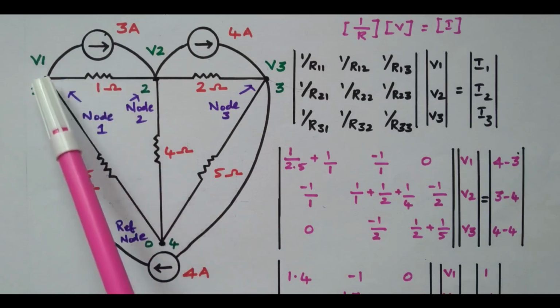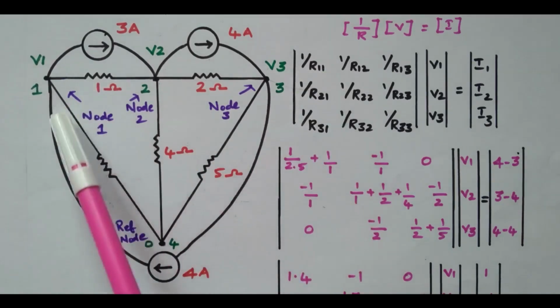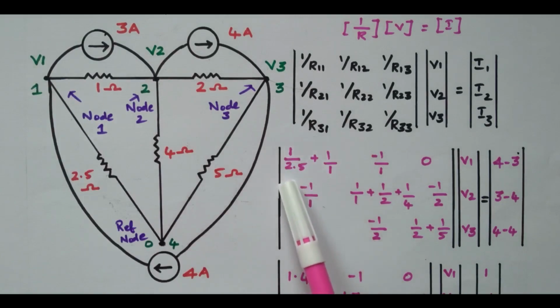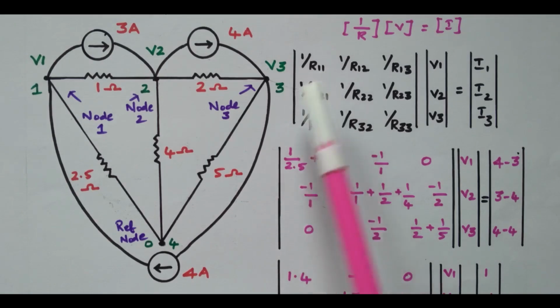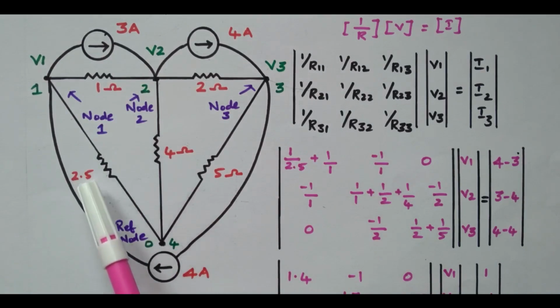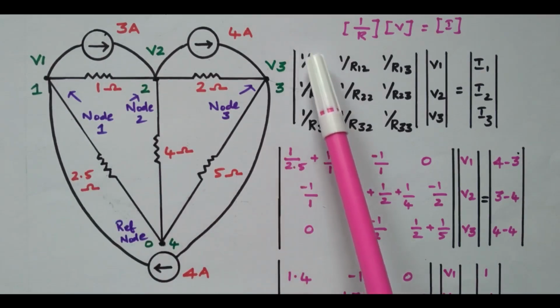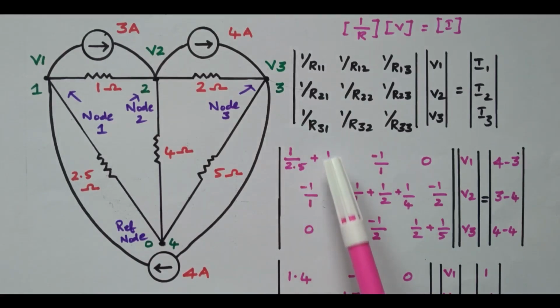Two resistors are connected at node 1. That is nothing but R11. Now we need to add 1 divided by 2.5 plus 1 divided by 1. So here we need to write 1 divided by R11, that is 1 divided by 2.5 plus 1 divided by 1.